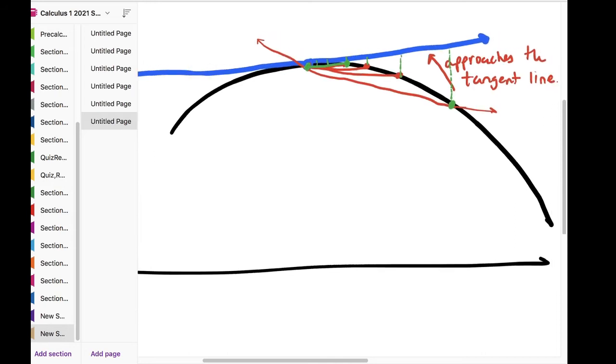As you get closer to the point in question, the distance between tangent line, do you agree with that?